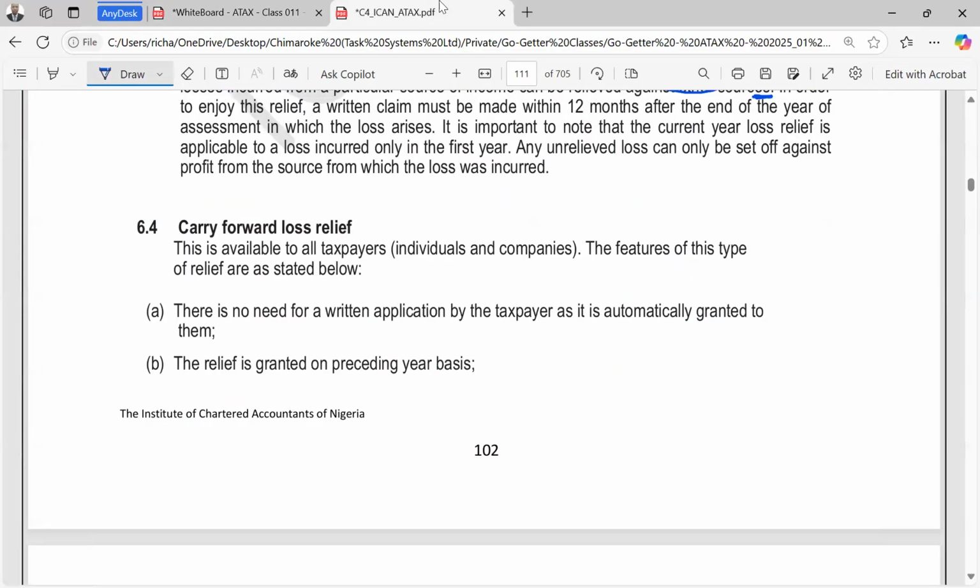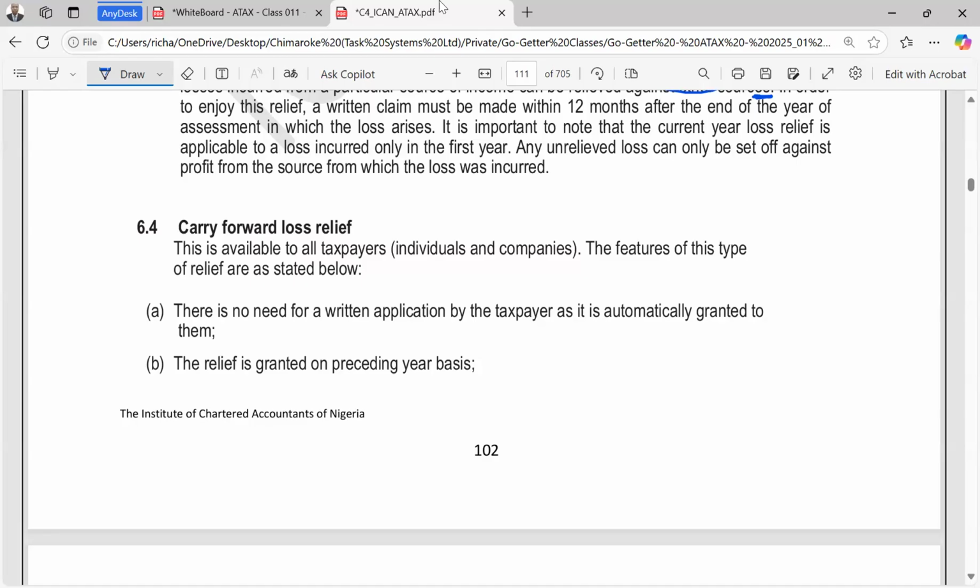So it means carry forward loss affects individuals. How does it affect individuals? Any unrelieved loss for that year is carried forward, and so it becomes a carry forward loss. For companies, the moment you make a loss, you cannot relieve it that same year.